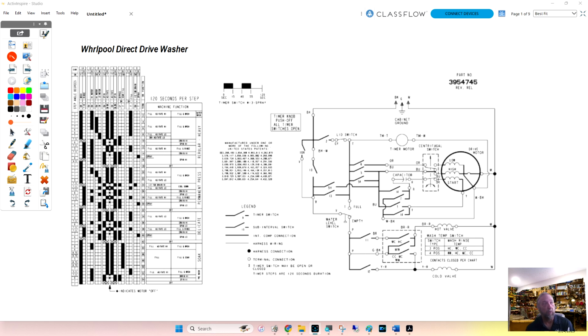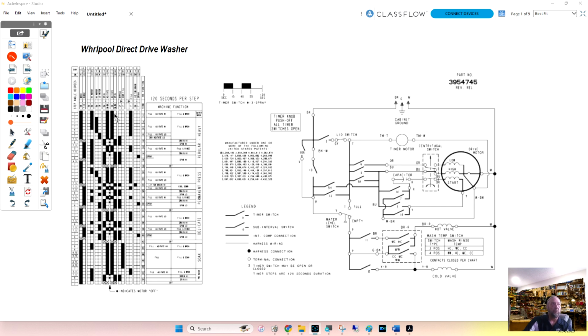So I know that the direct drive washer is an old washer. It's not even being made anymore. But the idea of the class is really to explain different parts of the diagram. In the last class that we had on the wiring diagrams, before Brandon did his business classes, we talked about this section here, the water temperature selector switch and how it worked in relation to the water valves.